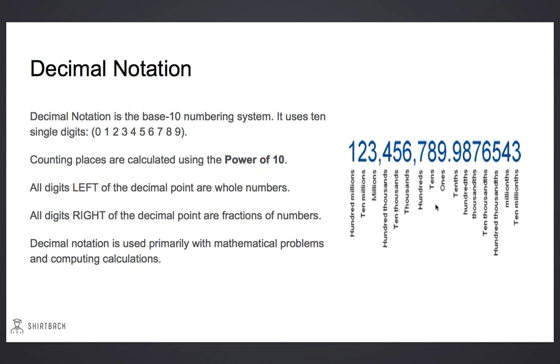With decimal notation, all numbers to the left of the decimal are whole numbers. All the digits to the right of the decimal point are fractions of a number. We use decimal notation usually with math problems and computing calculations.